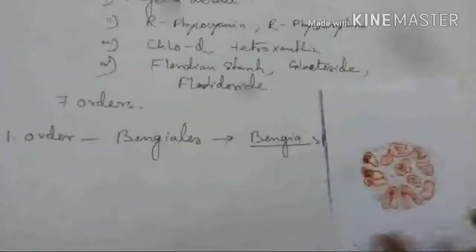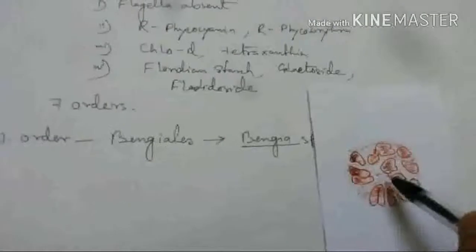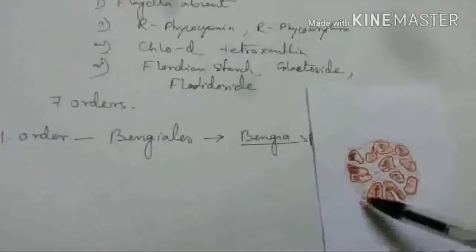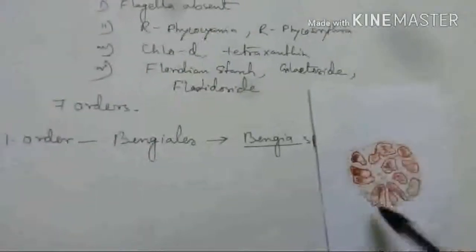So this is an unbranched algae whose thallus is very small and which grows rapidly, and these plants are attached by rhizoids. So this is a Bangia algae.